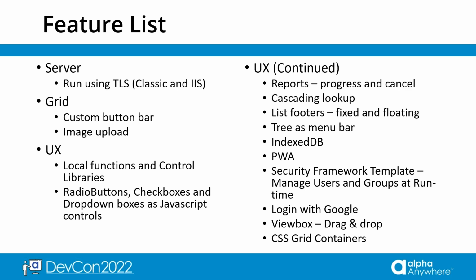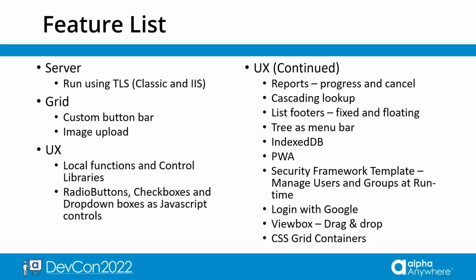For the grid, we've added a custom button bar and we've improved image upload. There've been a lot of changes and new features in the UX component. We've added the concept of local functions, which makes control libraries much more powerful, and we'll be showing that. We've added JavaScript versions of radio buttons, checkboxes, and drop-down controls.